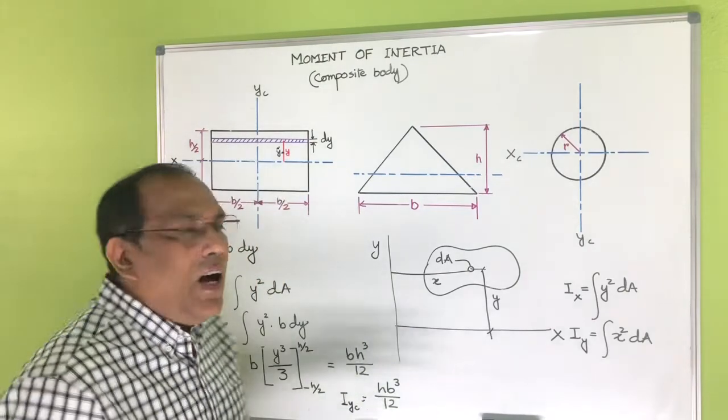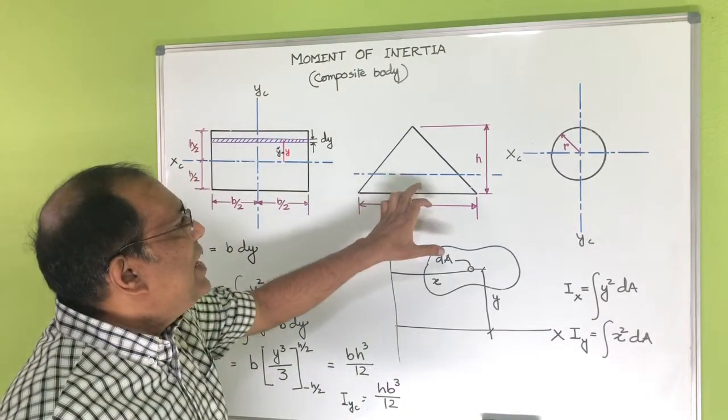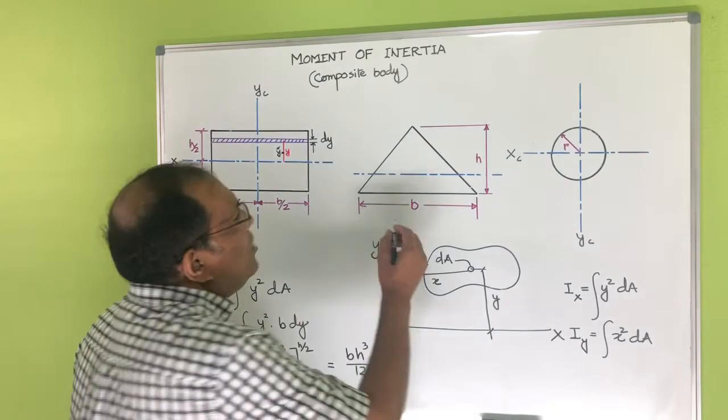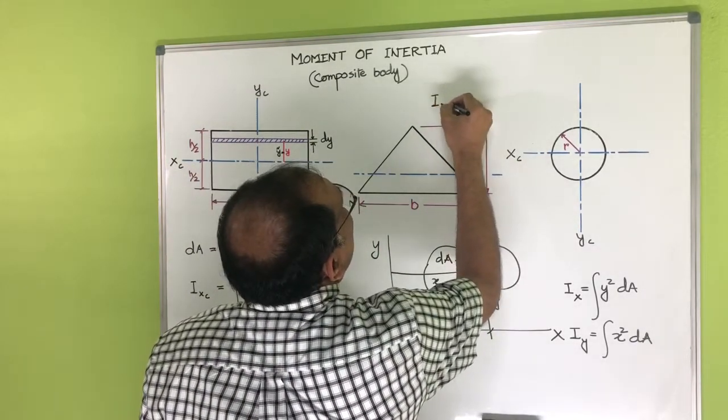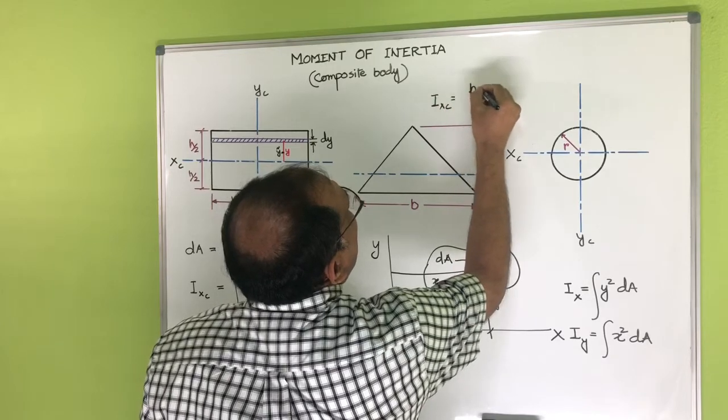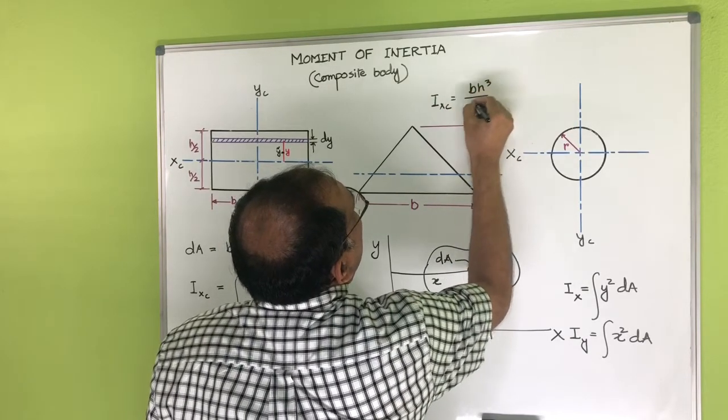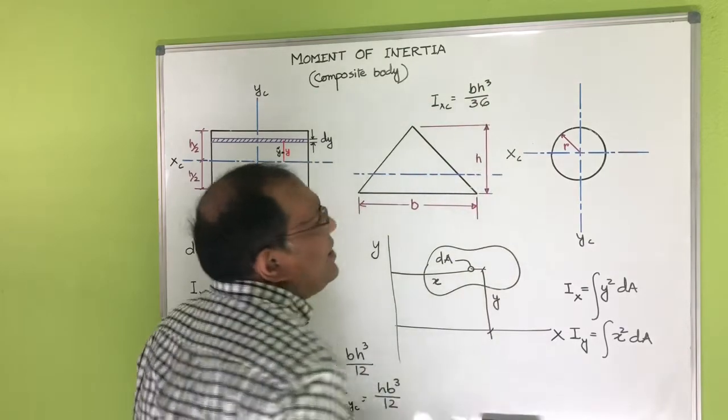Other shapes, like this triangular shape: for this one, your Ixc is bh cubed by 36.